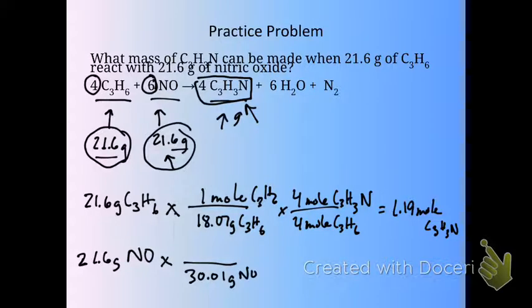I'm converting to moles of NO first, and then for every 6 moles of NO, I have 4 moles of C3H3N.